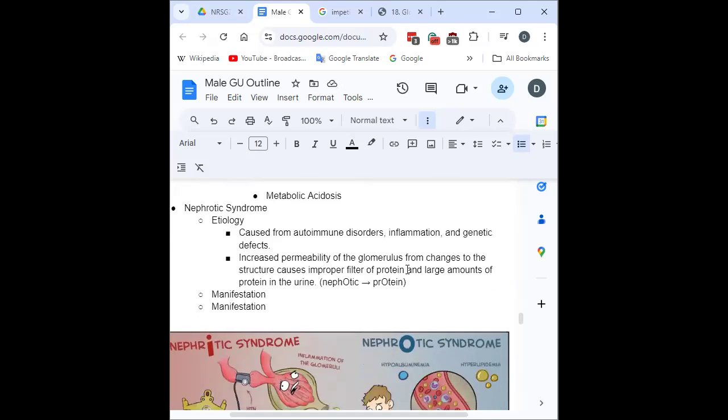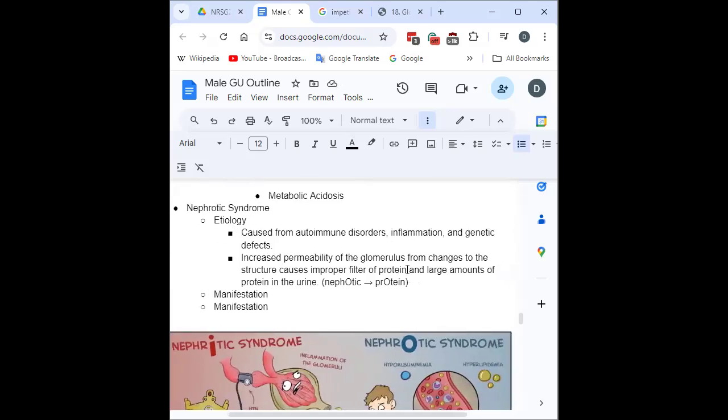Okay. Now we can talk about nephrotic syndrome. I wrote down for you guys just the causes. It's typically caused by autoimmune inflammation, genetic defects.